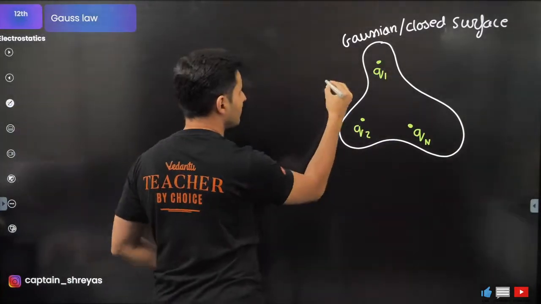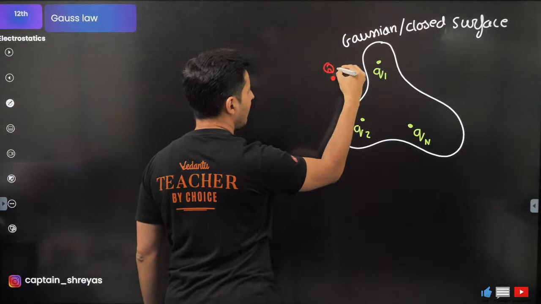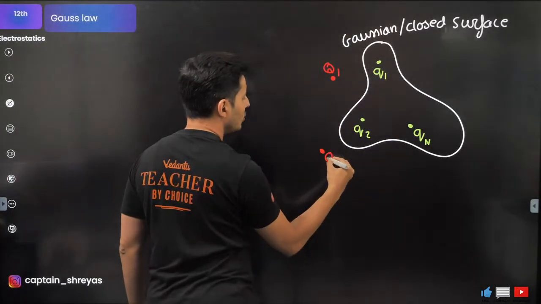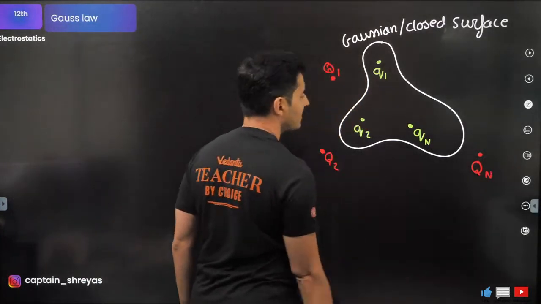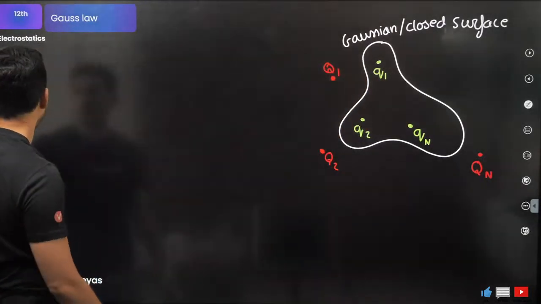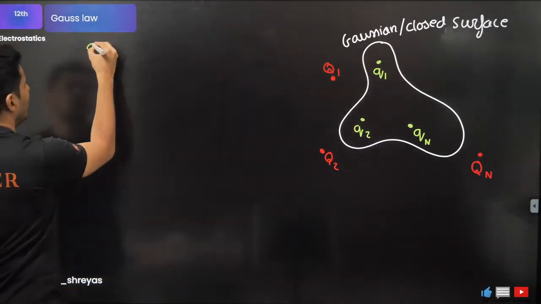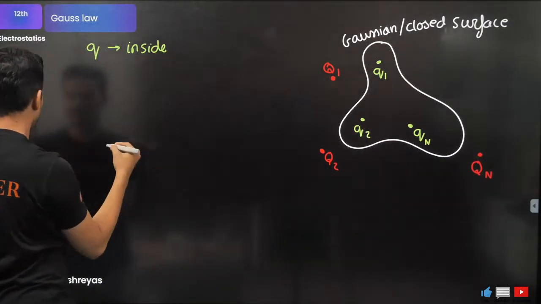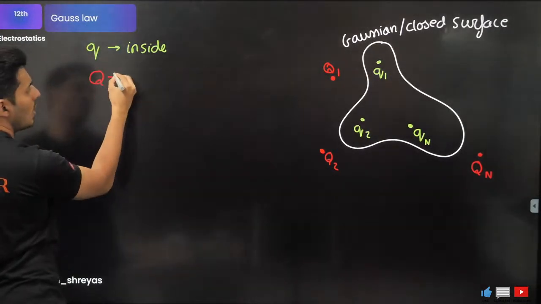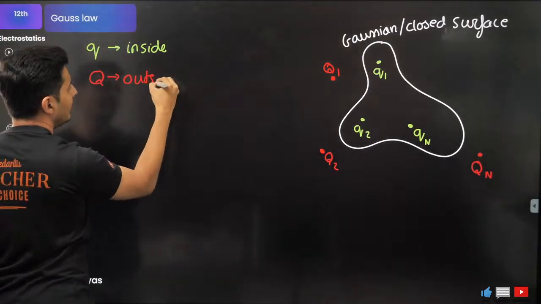And let's say there are some charges which are outside: capital Q1, capital Q2, capital Q3, capital Q4 and so on. These are the outside charges. So I would just write it over here: small q is basically inside, capital Q is nothing but outside.